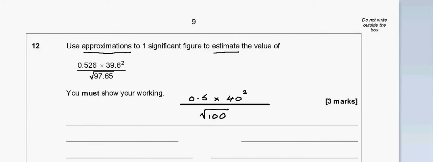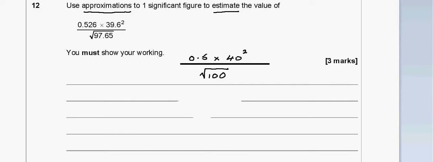So now we have 0.5 multiplied by, now 40 squared, 40 times 40 is 1600, and the root of 100 is 10.